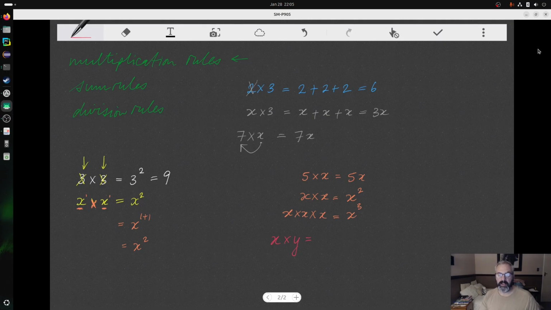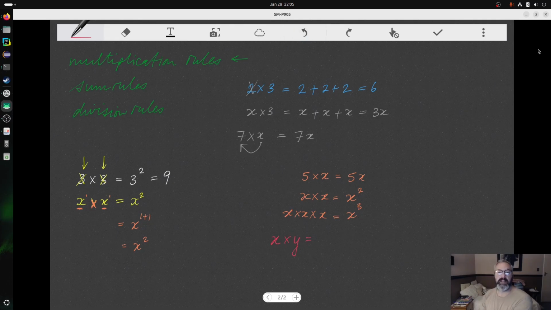Can I apply some power law here, some of my exponent laws? Well, let's go and have a look. I do have a multiplication calculation, but I don't have the same bases. So a power law or an exponent law, I cannot use them here because I've got different bases.